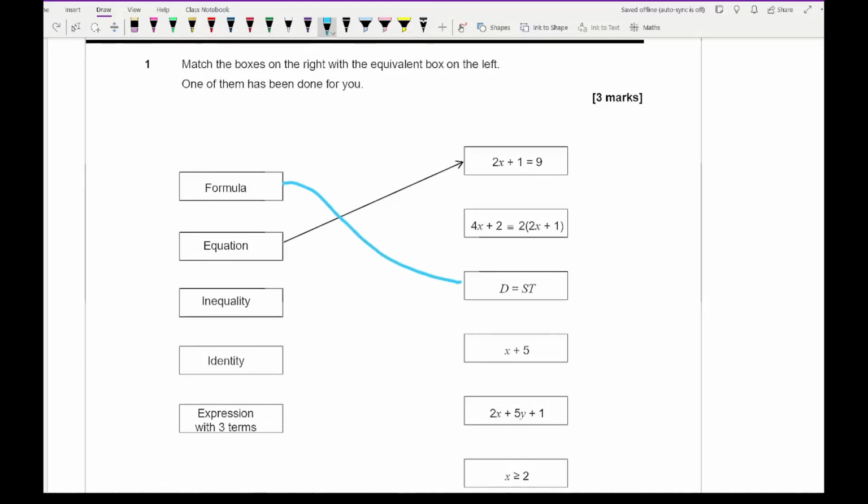An inequality is one that's got an inequality sign, and the only one that has got an inequality sign is this one here. An identity is one that's got three little lines, and that's going to be this one here. And an expression with three terms, an expression is basically where you've got no equal sign and you've got three things being added or subtracted, and that is going to be this one here.